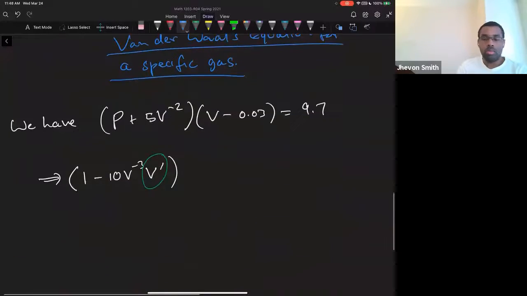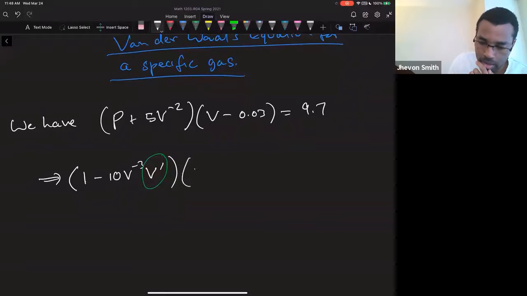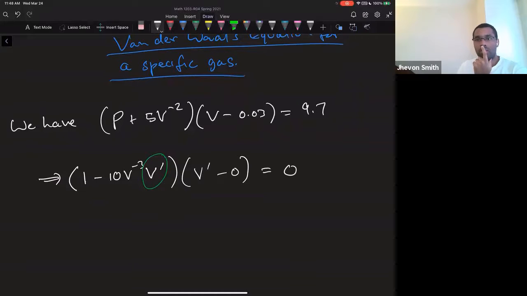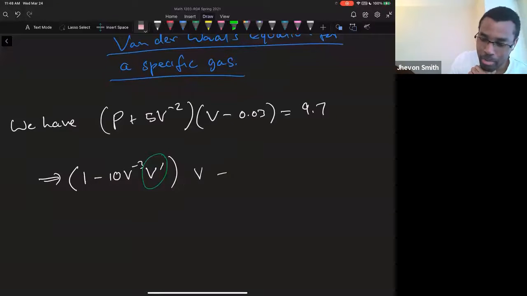Okay. And then what? Now what? Would I just multiply this by V prime minus 0? And then I get equal to 0. No, that would be illegal, what I just did, because I violated the product rule.